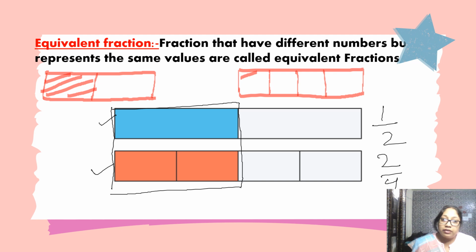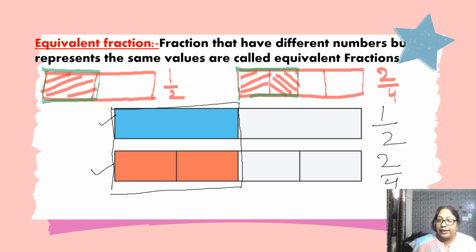He has taken one piece at once and another piece after a while. This is 1/2, this is 2/4. Ultimately दोनों ने ही हाफ चॉकलेट लिया. दोनों fractions are different but the values are the same. So these kinds of fractions are called equivalent fractions.